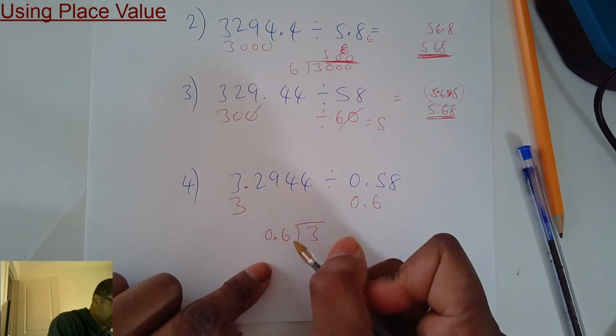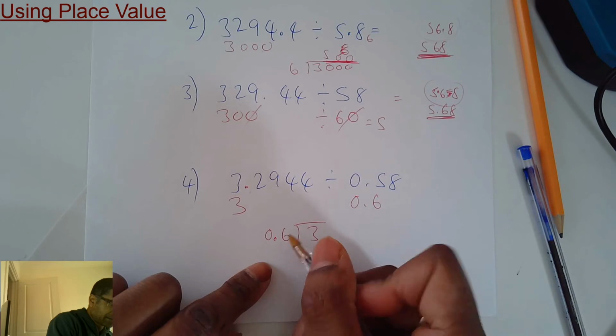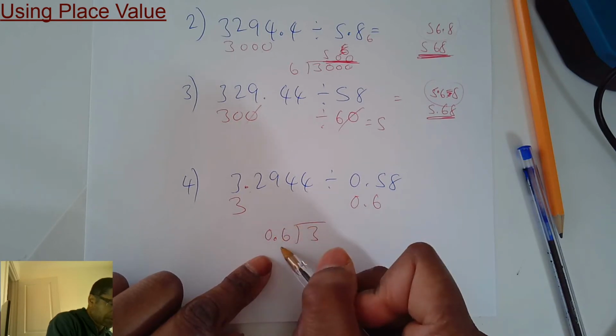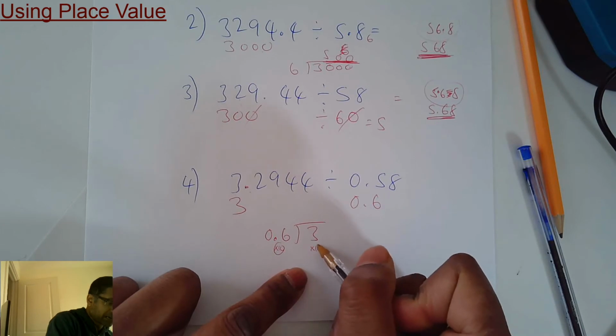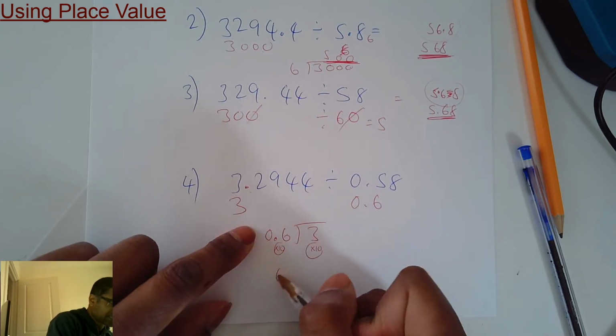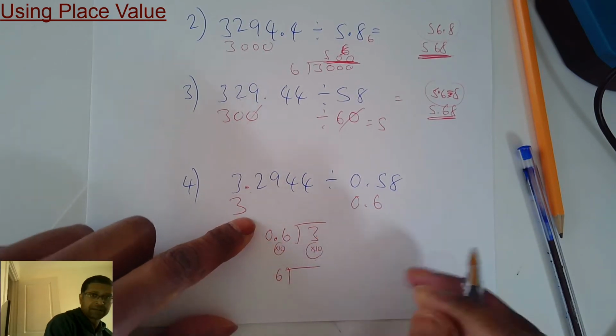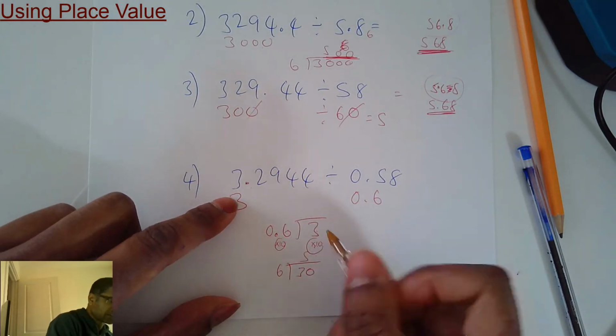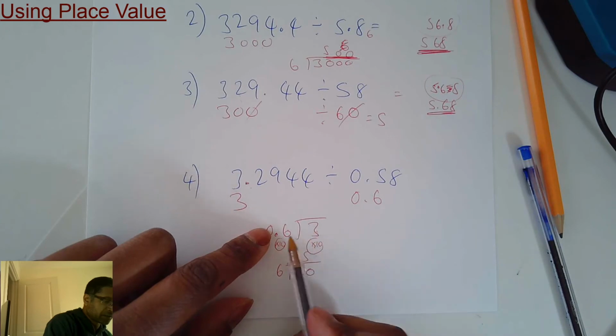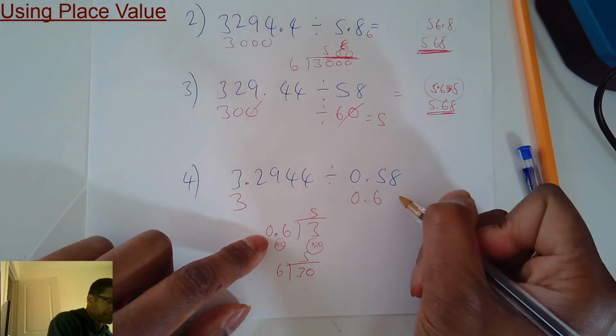So what I can do is adjust this slightly. I can change that into a whole number by timesing it by 10. Whatever I do on this side, do on that side to balance it out. So 0.6 times 10 is 6. 3 times 10, 30. So 6 into 30 goes 5 times. There you go. 3 divided by 0.6 is 5.